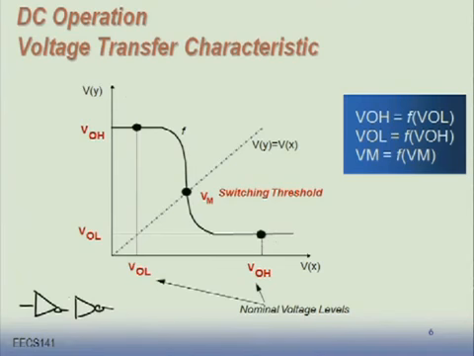This one will be producing outputs that correspond to V output high and V output low. So the next inverter in the chain will be seeing V output low and V output high at its inputs. The voltage transfer characteristics should be unique. We'll see some circuits where generally it should give you a one-to-one relationship between what is at the input and what is at the output.